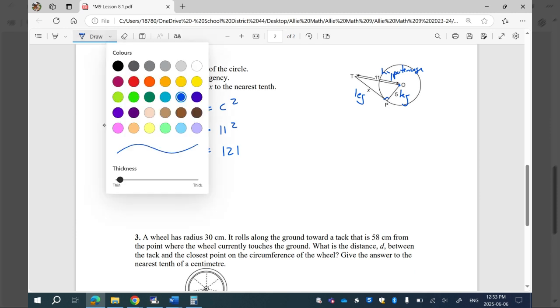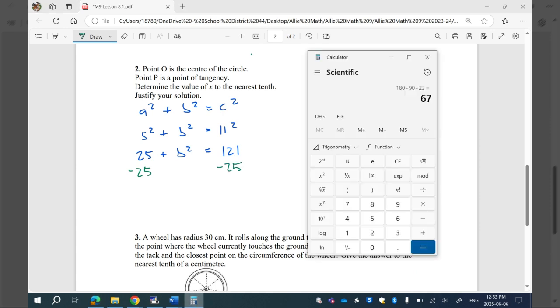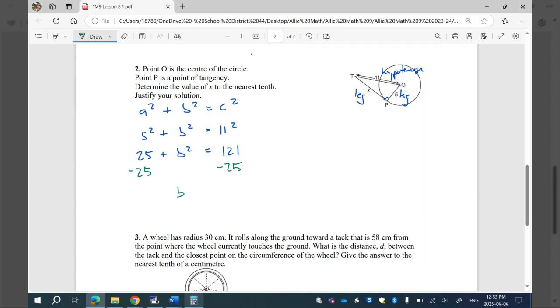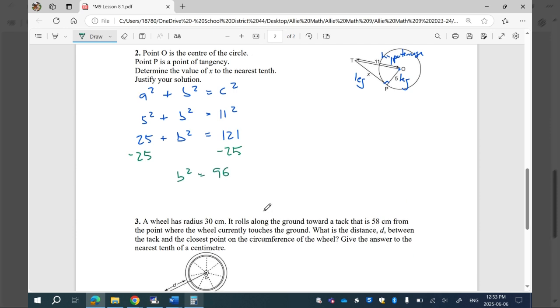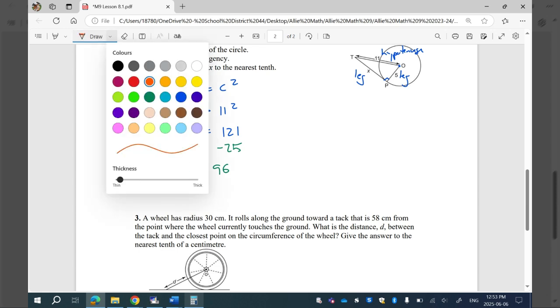And now we need to isolate our b. So let's minus 25 from each side. And we are going to get that 121 minus 25, b squared equals 96. And if you remember from grade 8, our last step here to get rid of the squared, we can do the inverse operation.